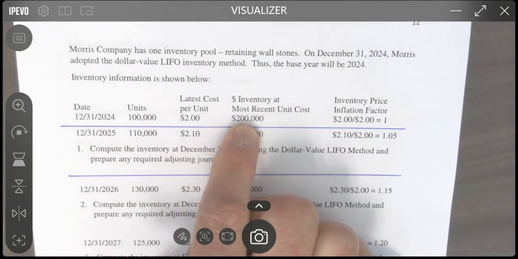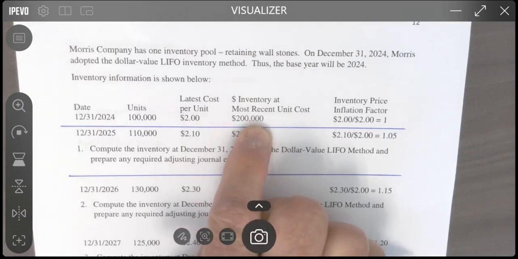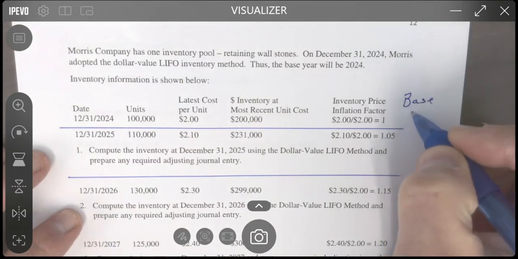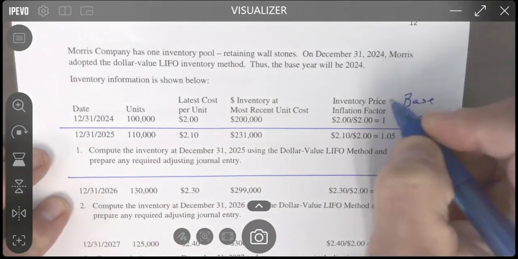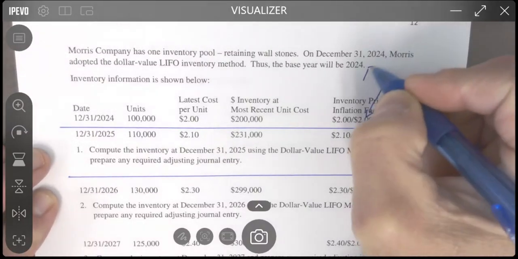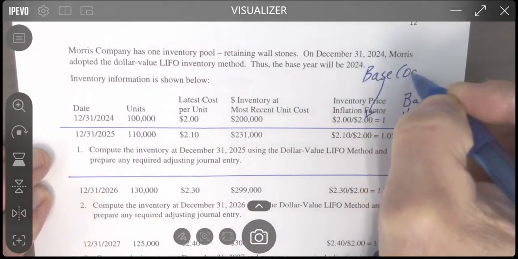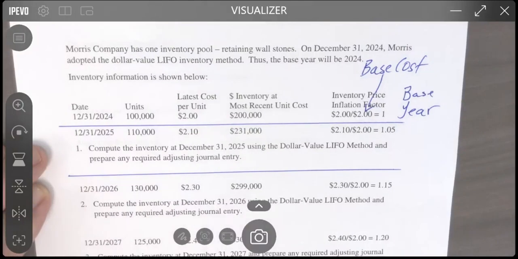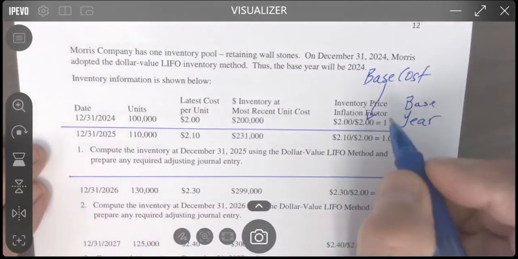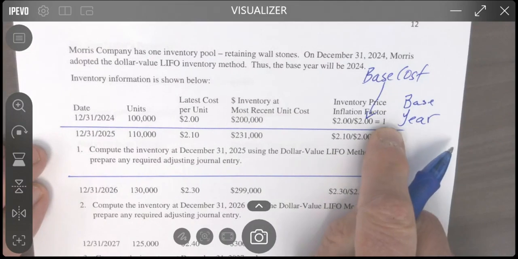So the dollar value of the inventory at the most recent unit cost at the end of 2024 was $200,000. And this is the base year. So now $2 per stone will be the base cost price level. And our inventory inflation factor this year is 1.